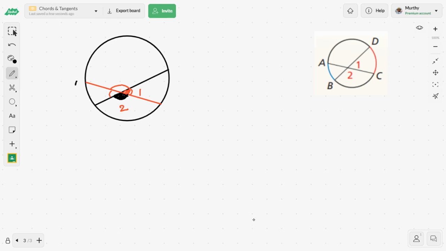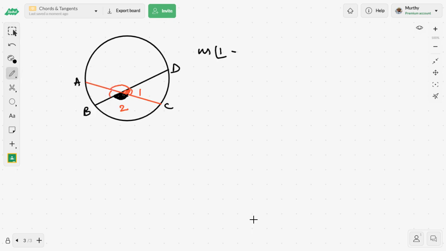Suppose if you are given this kind of diagram, say A, B, C, D I'm taking. If you are asked to find what is the measure of angle 1, measure of angle 1 equals to half of, so measure of DC, please remember that, let me use a different color.